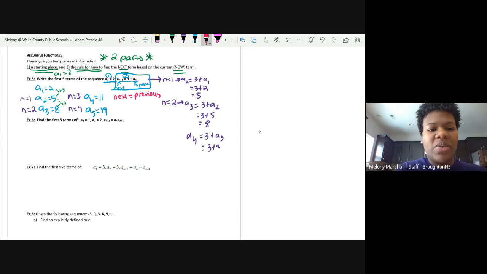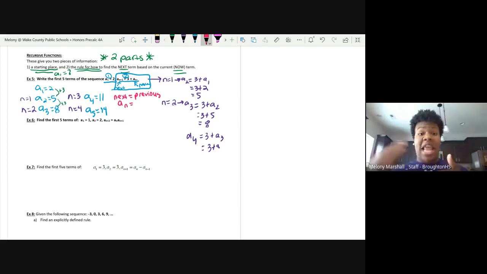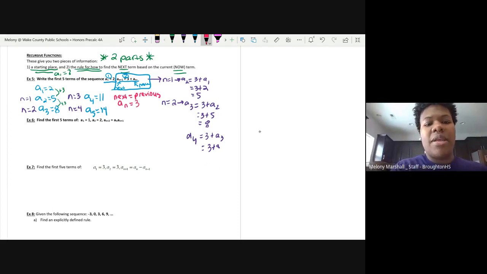So the way this would look is a sub n equals, and if you want a sub n to be the next one instead of the current one, then to get the one before, you have to subtract 1. So this would be 3 plus a sub n minus 1, or a sub n minus 1 plus 3. It can flip-flop because addition is commutative, so you can add it in the front or in the back.